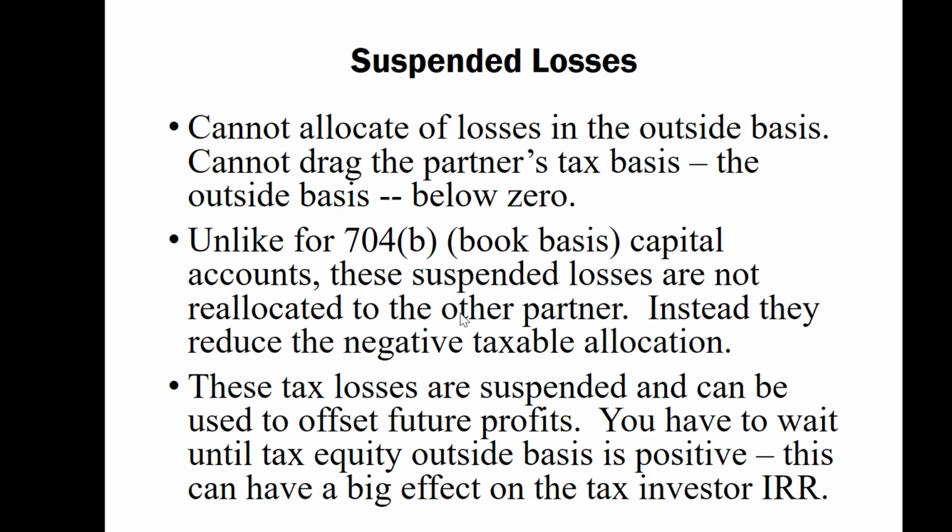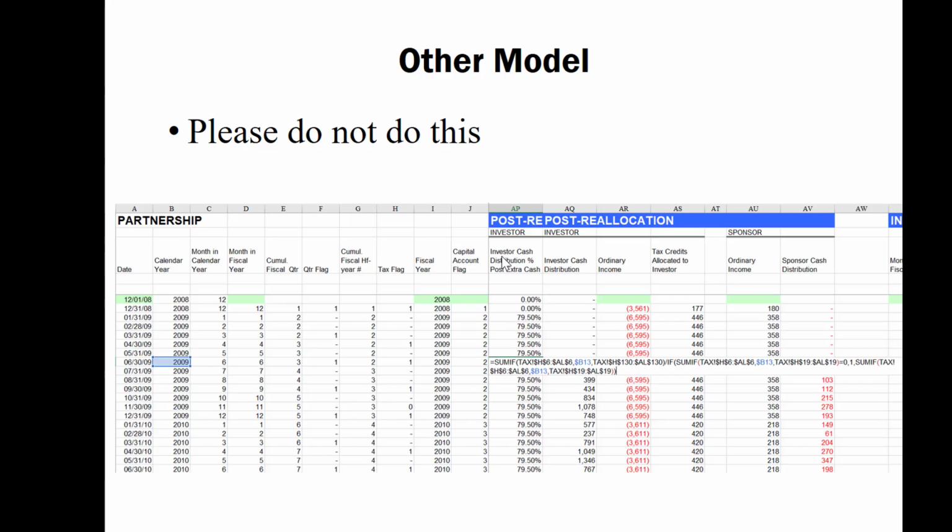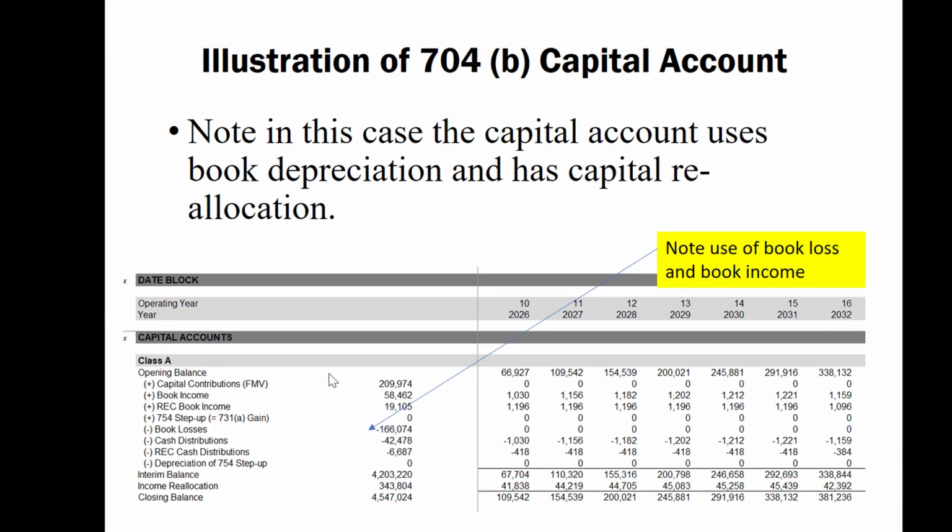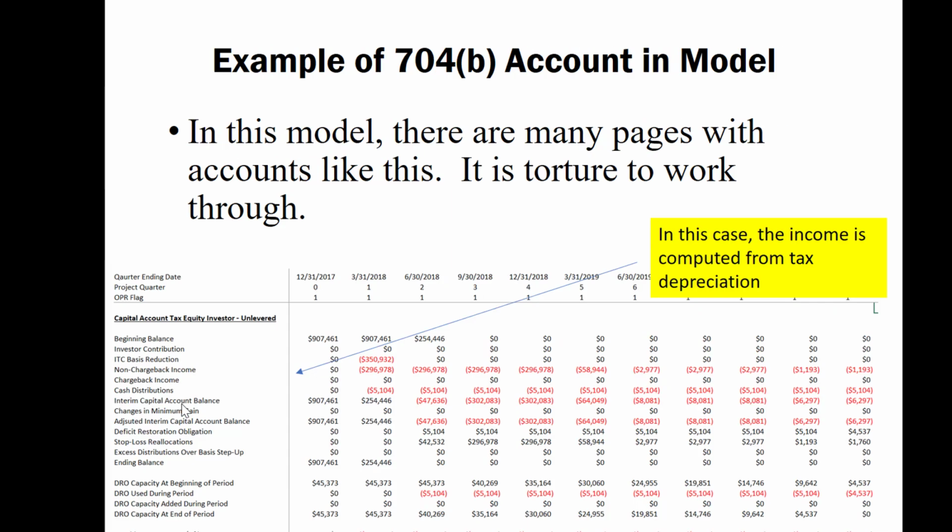Okay, now these suspended losses that I'm temporarily obsessed with, you cannot allocate. I'm reading this: you can't get the tax equity investor below zero. This other one, 704B, maybe it's book, maybe it's tax. This thing had a book loss, book income.